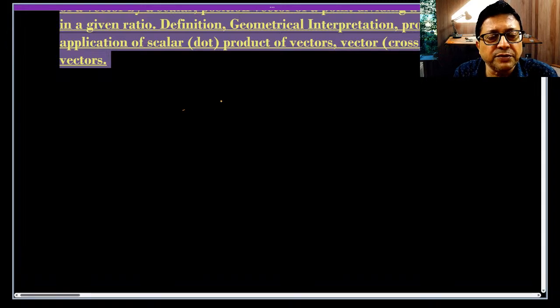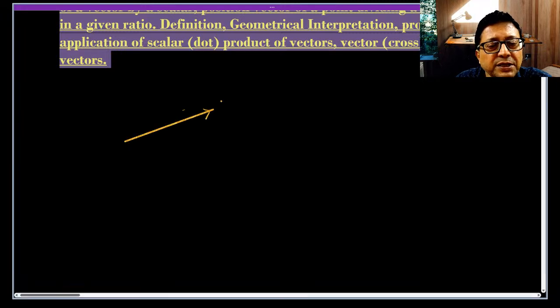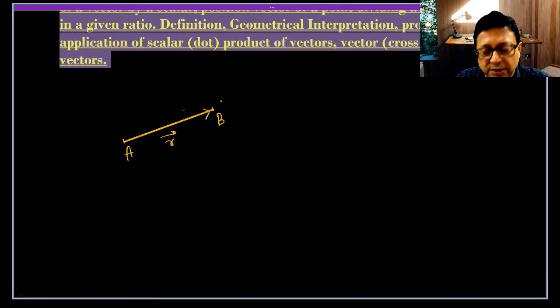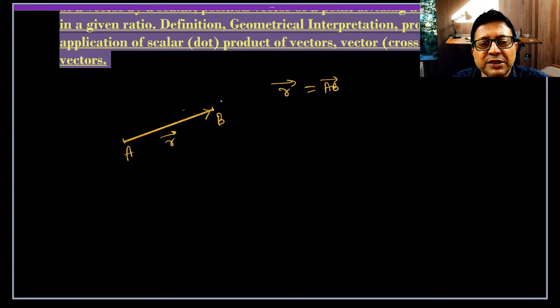What is a vector? We will define it first. A vector is a directed line segment. So this one is a vector, it's a segment. It is bounded between two fixed points. That's why it is a vector, and we write r equal to AB, which is bounded between two fixed points.